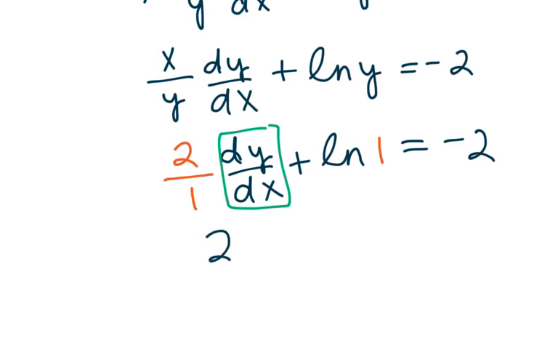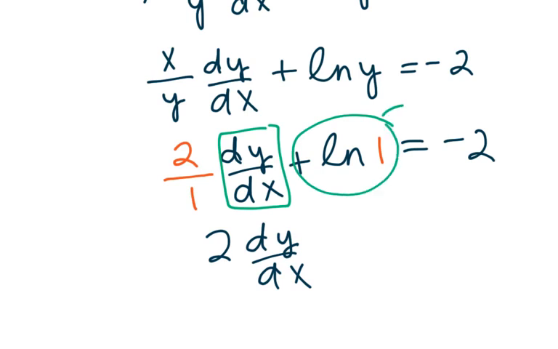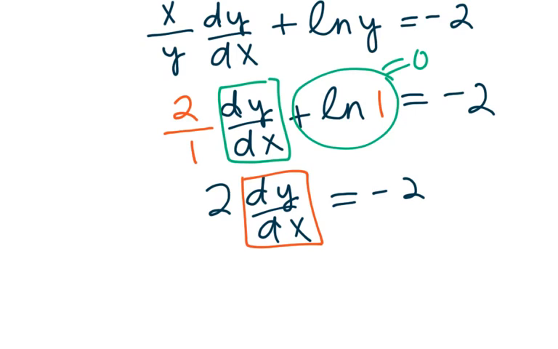This gives me 2 dy/dx. If you recall, ln of 1 equals 0, so that disappears, and that equals negative 2. And like I said, we're trying to get this by itself because that is m, essentially your slope. So the last step here is we're going to divide by 2 on both sides.